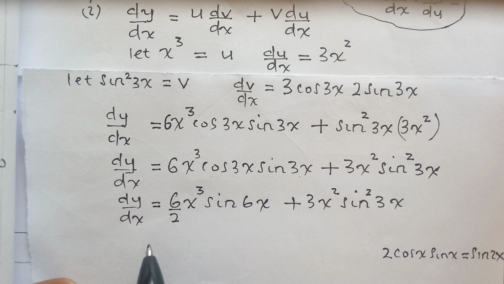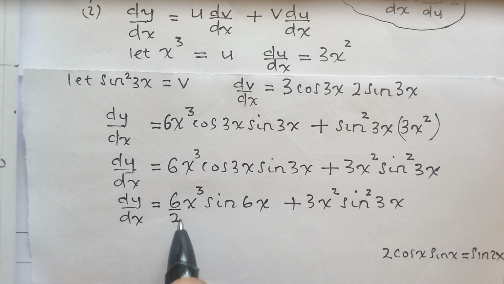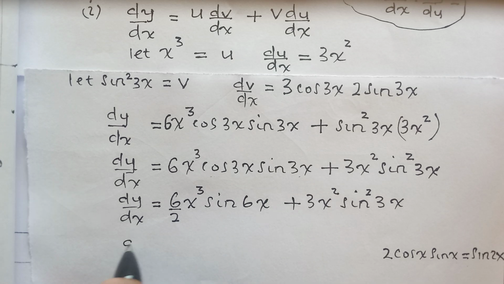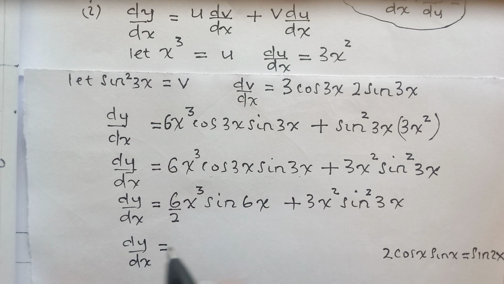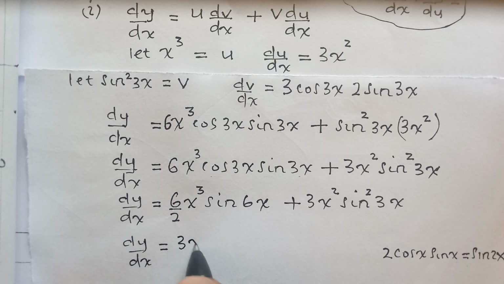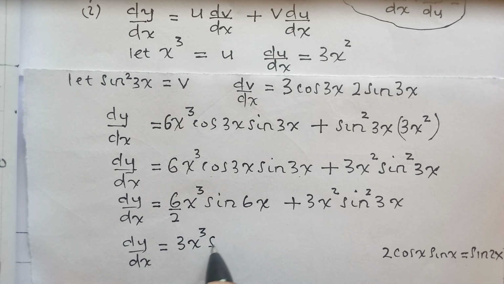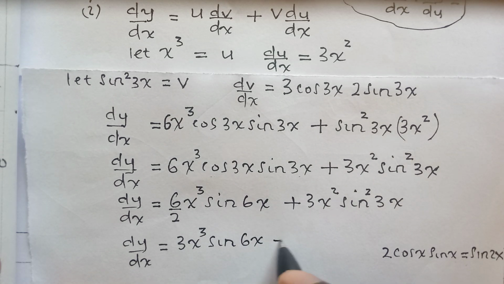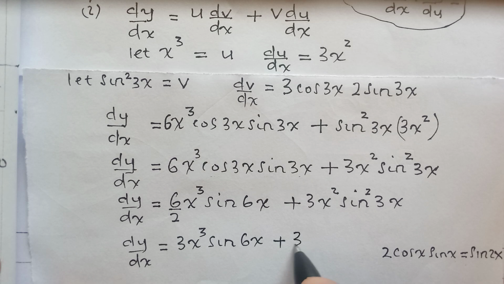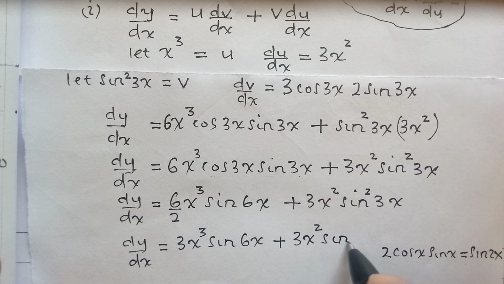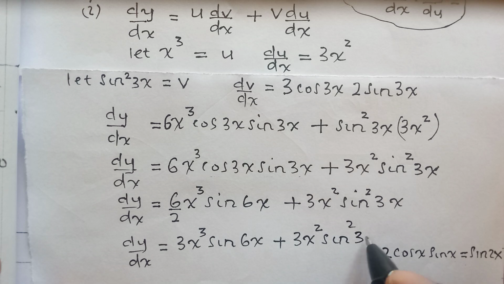So actually this one can finally be, you can have dy dx is equals to 3x cubed sine 6x plus now 3x squared sine squared 3x.